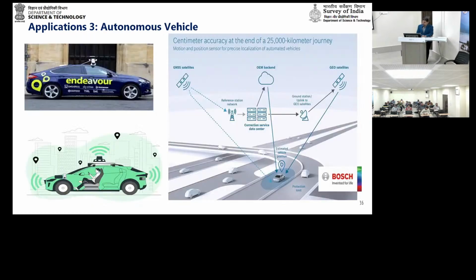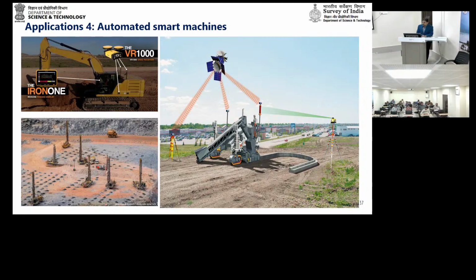For autonomous vehicles, we can also use CORS for autonomous driving. With automated smart machines, with the help of CORS we can also operate the machines automatically without any driver.